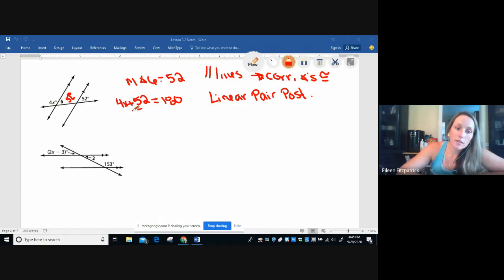After subtracting 52 from both sides, you have 4x is equal to 128. Divide both sides by 4, and x equals 32.